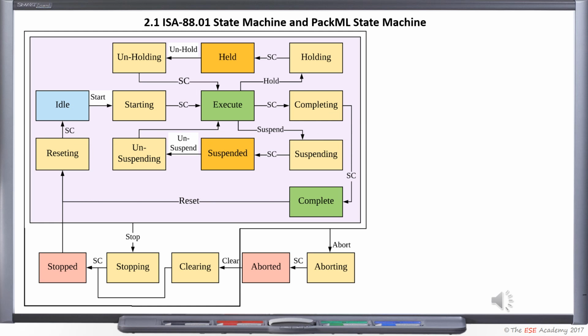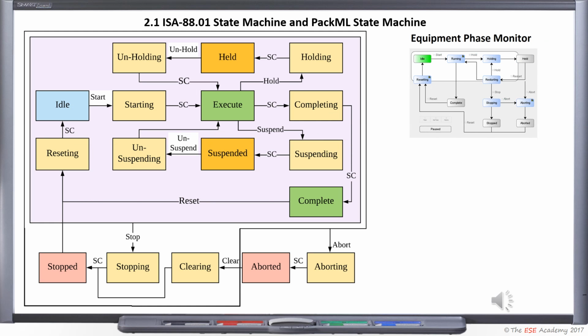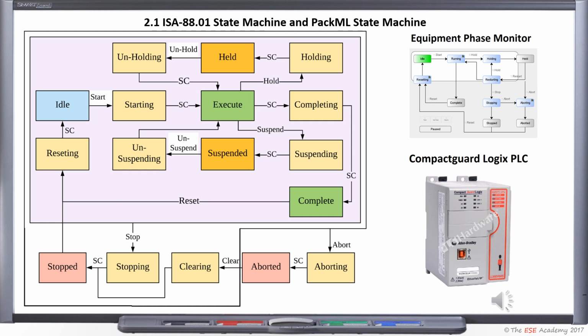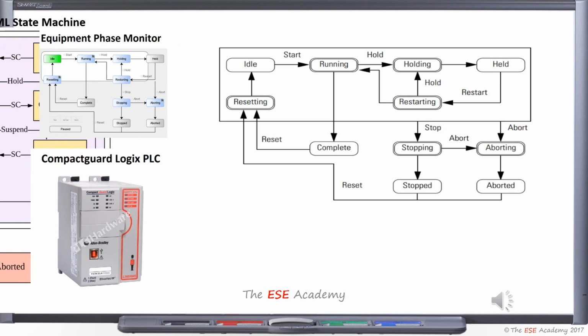However, due to the Phase Manager in Studio 5000 supporting the ISA 88.01 state machine equipment phase, which can enable the author to control the machine state in the CompactGuardLogix PLC, the author decided to use the ISA 88.01 state machine for the experiment.